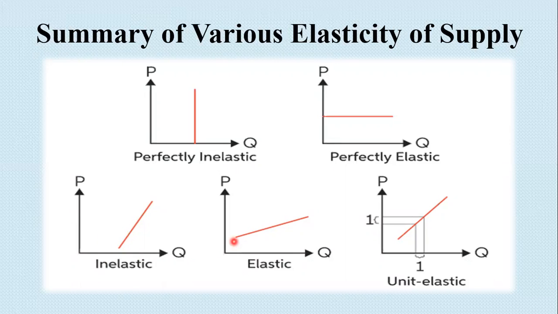A curve bending towards the quantity axis elaborates elastic supply. And a curve at a 45-degree angle, of moderate shape, not bending towards quantity supplied or towards price, is the ideal situation curve, which is equal to unit elastic supply.